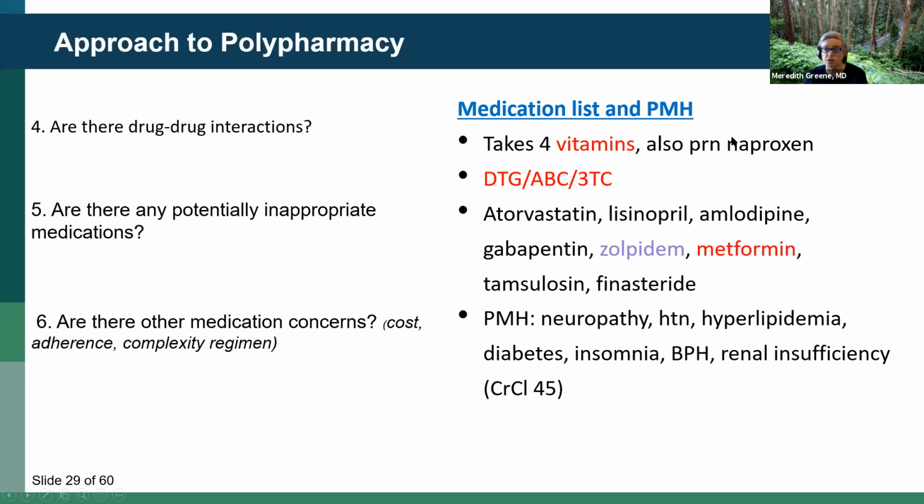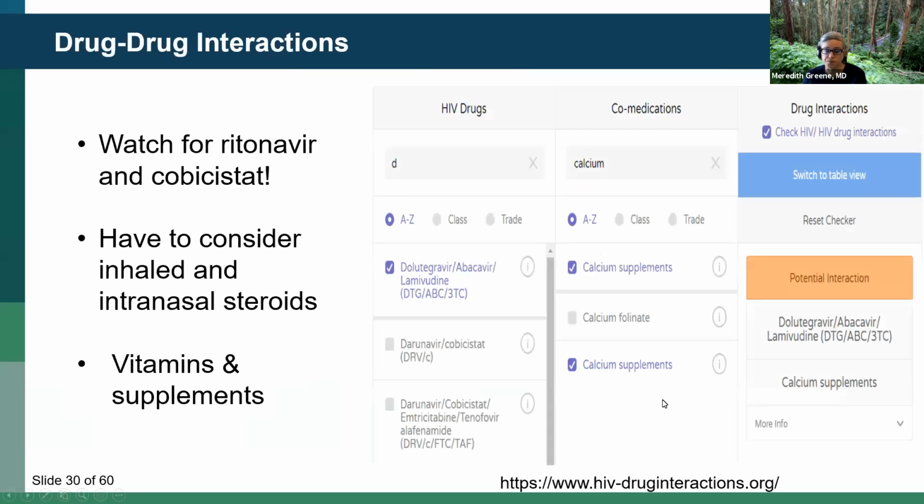And maybe it means stopping the naproxen because of his renal insufficiency. It might be looking at what vitamins, or maybe it's addressing the zolpidem. So again, it's really talking through with the patient about their preferences while also addressing your concerns.